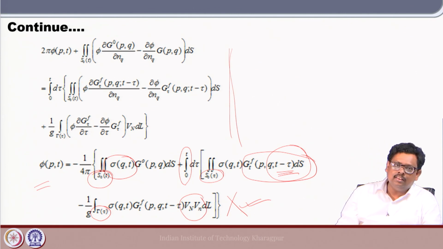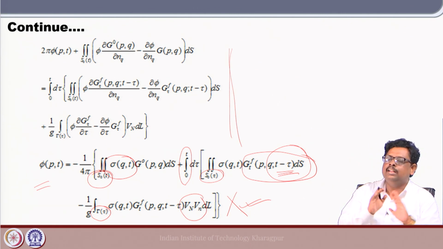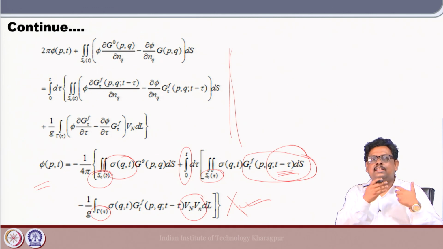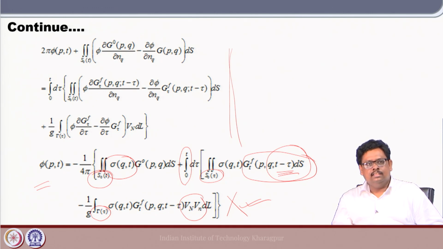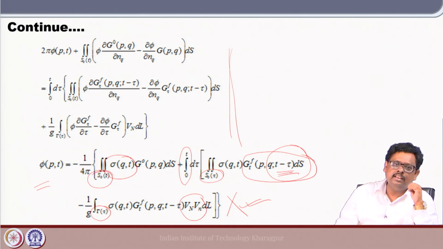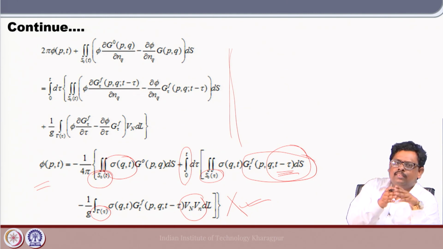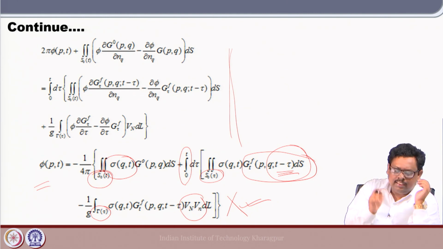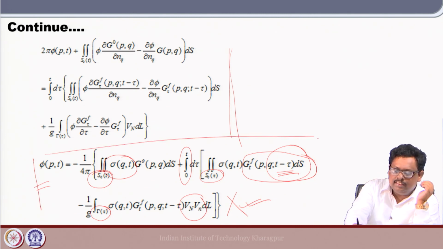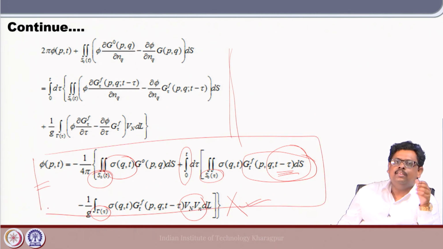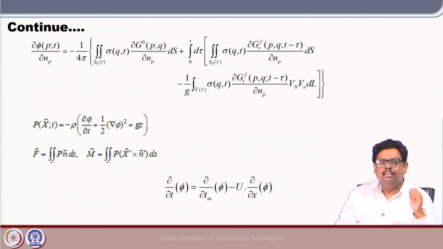So, this theory is very well discussed in many journal papers, it is everywhere. So, let us not focus on how this comes, let us focus on what the final expression of the phi is and how we are going to solve this phi. Okay.